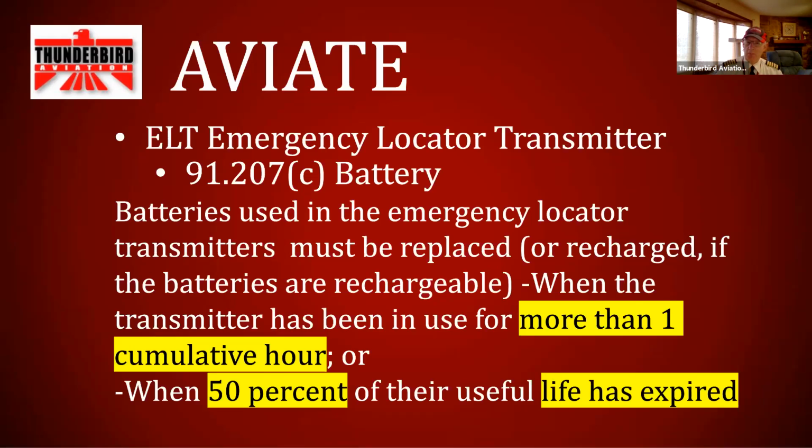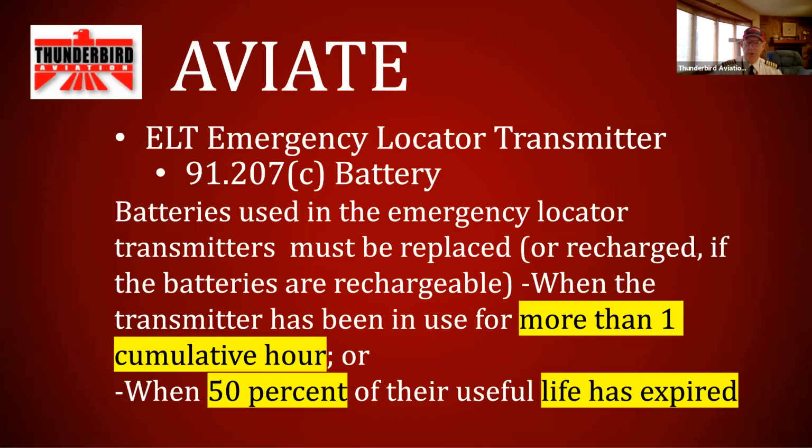Most of the time when I'm looking in maintenance logs to see if the ELT battery is okay, the 50% of the battery life is a number of months or a particular date. I guess the mechanics buy the battery, look at the battery, say this battery is good for 6 years. They put the date 3 years from now in the maintenance logs for when it's due, and that'll be 50% of the battery life.